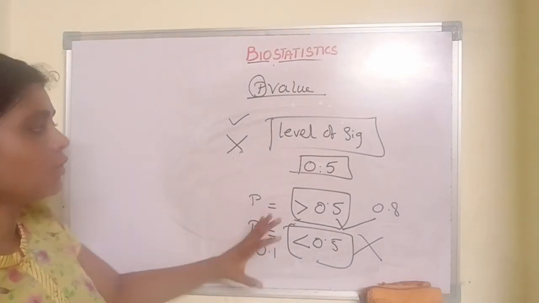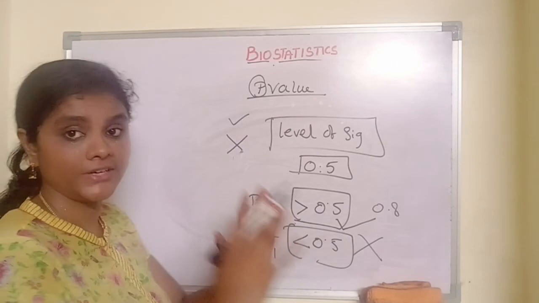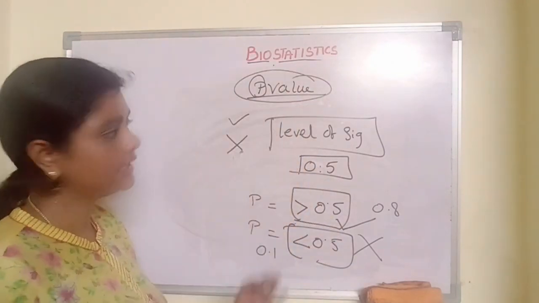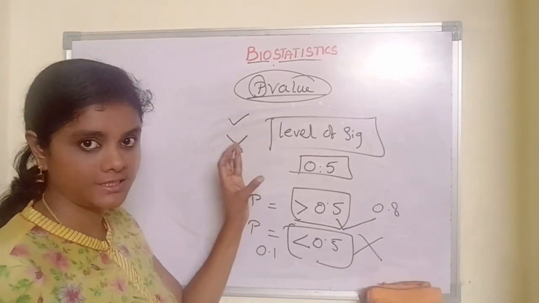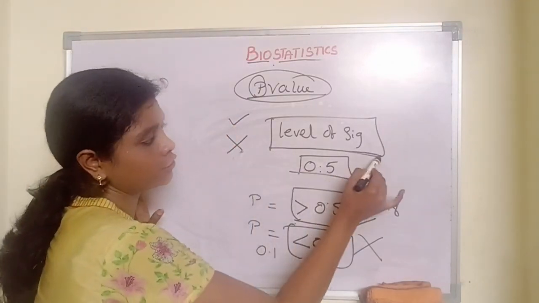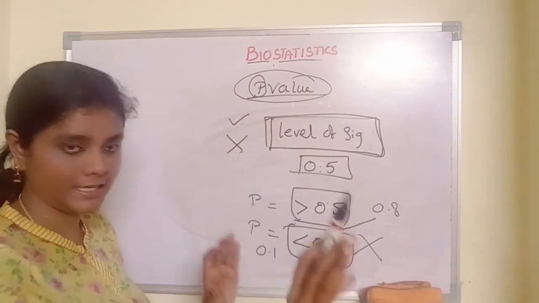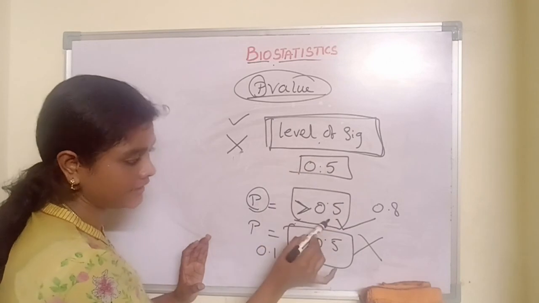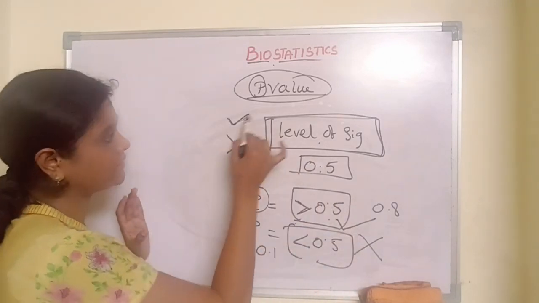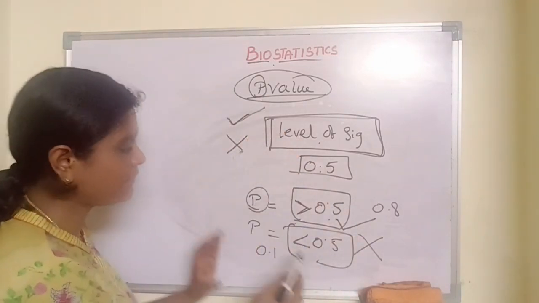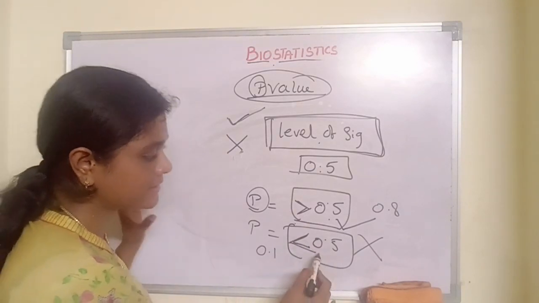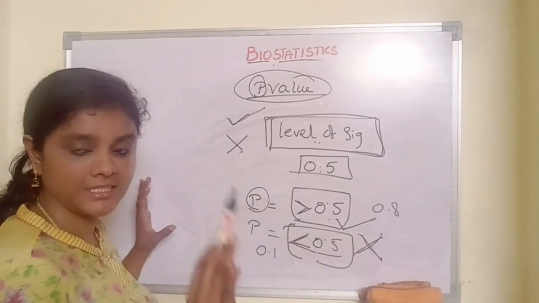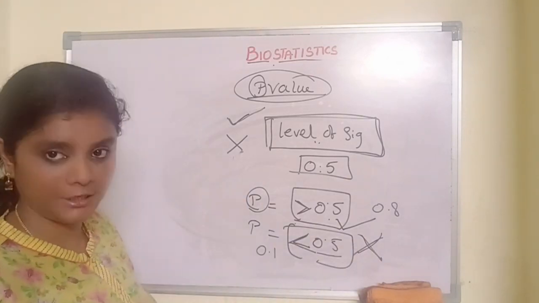So for the acceptance or rejection of the null hypothesis, the p-value has to be considered. At the initial level of the research, the researcher should establish the level of significance. Any p-value greater than the level of significance, you can accept the null hypothesis. Any value less than the level of significance, your null hypothesis is rejected. Hope this is clear for you all.